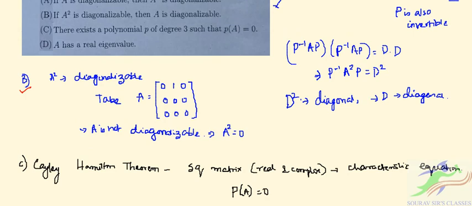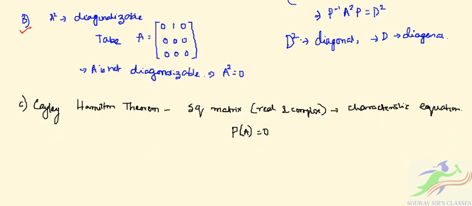Now option D is: A has a real eigenvalue.